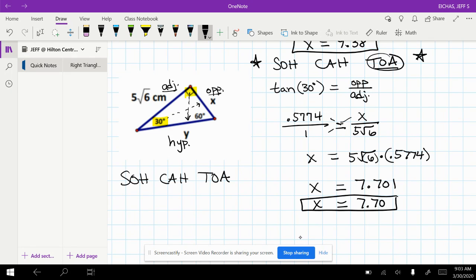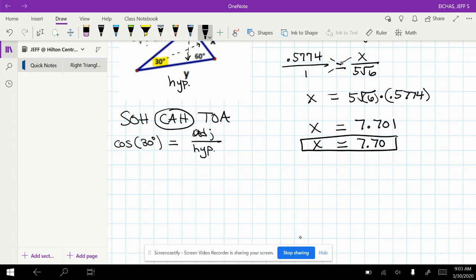All right, I'm going to go with cosine because I want y, and that's the adjacent. Now, I could, of course, do Pythagorean theorem, but let's stick with the trig theme here. I'm going to choose cosine of the 30-degree angle and go with adjacent over hypotenuse.